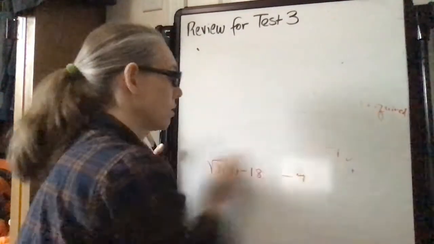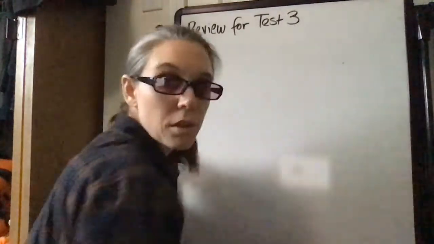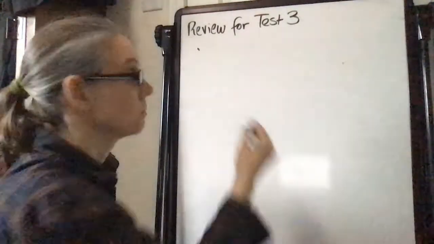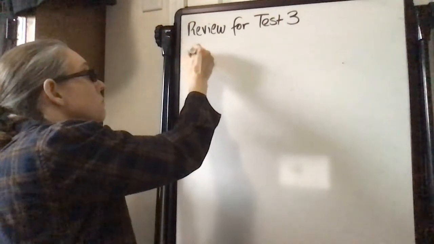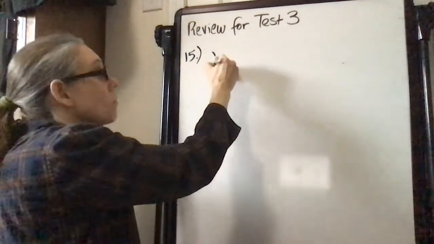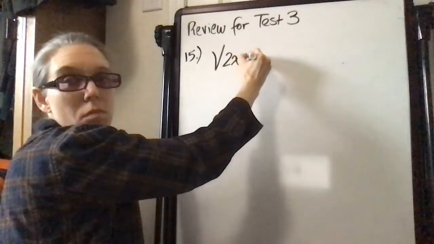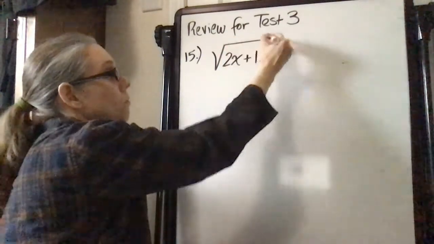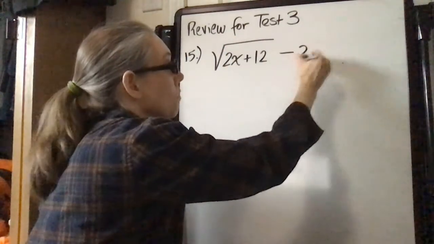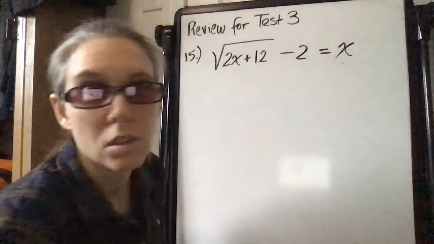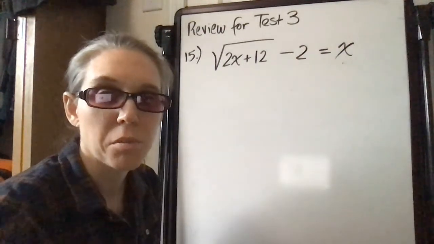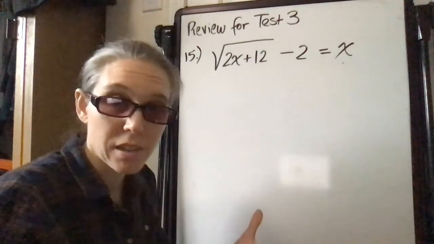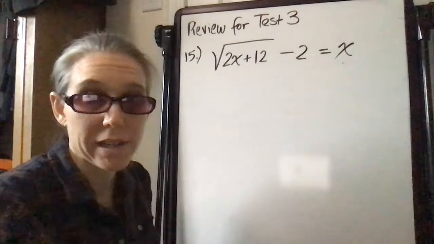This one is also solving a square root equation. So as in the previous problem, before we can square both sides, we need to get the radical all by itself.